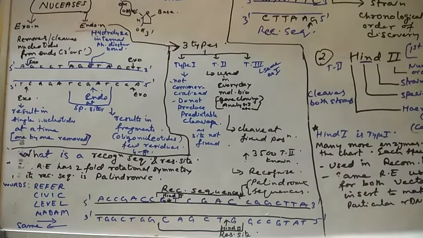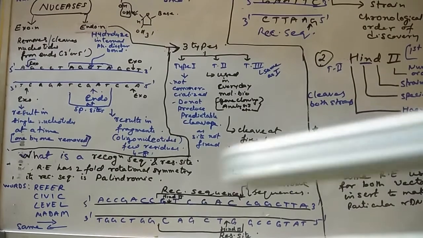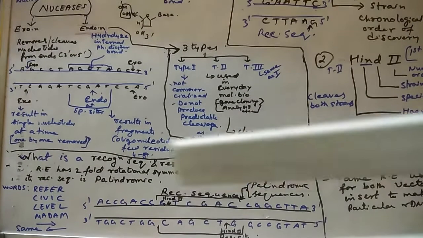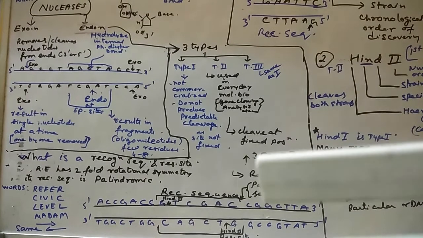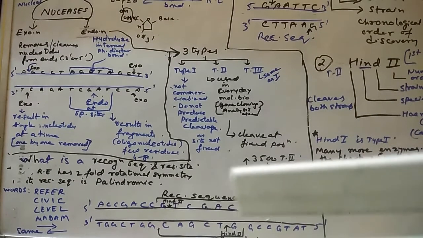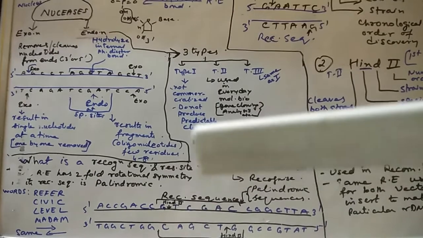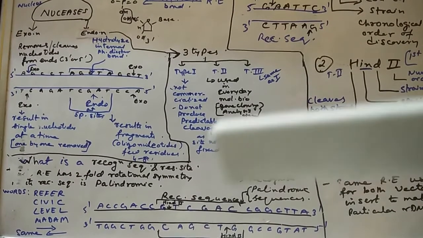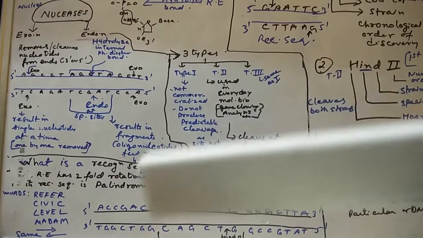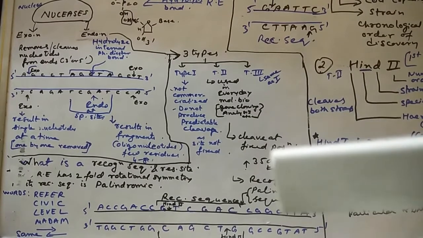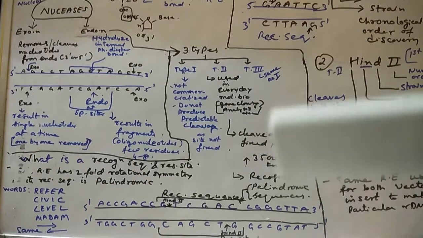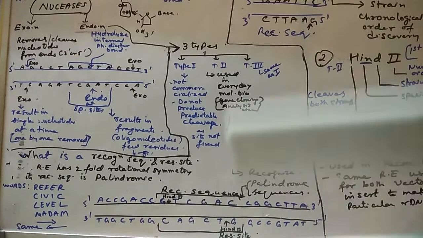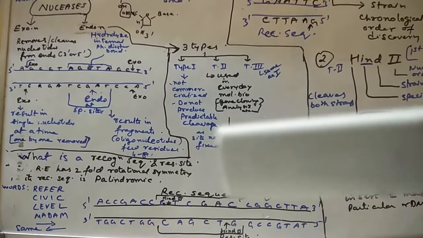That means when the enzyme moves on this DNA fragment, when it sees these bases GTC, GAC, it will stop there. It will bind to the DNA at that position and start finding out. So that area is called the recognition sequence. It recognizes only this sequence. Hind2 recognizes only this sequence.